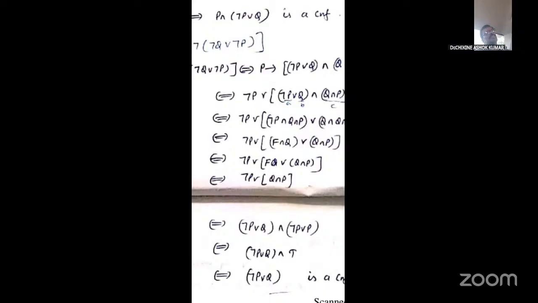But here, in the place of A, I have negation P. In the place of B, I have Q. In the place of C, we have P. So A union B intersection C will become A union B intersection A union P. So it will become negation P union Q intersection negation P union P. Negation P union Q is as it is.